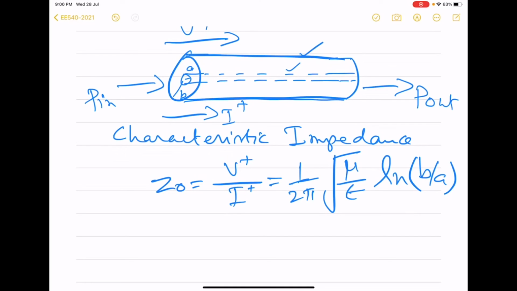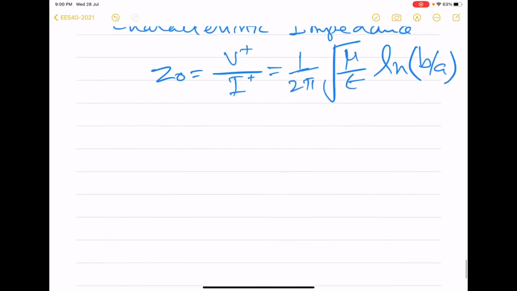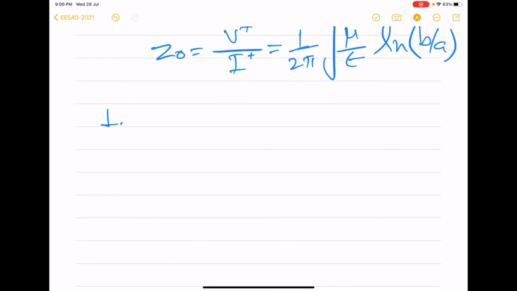There will be power consumption, and the dielectric that exists between these two conductors will also lead to certain loss. But anyway, ideally what we want is no loss. So the first requirement from this coaxial cable, at least in real life, is low loss. That means the difference between P in and P out is as small as possible.